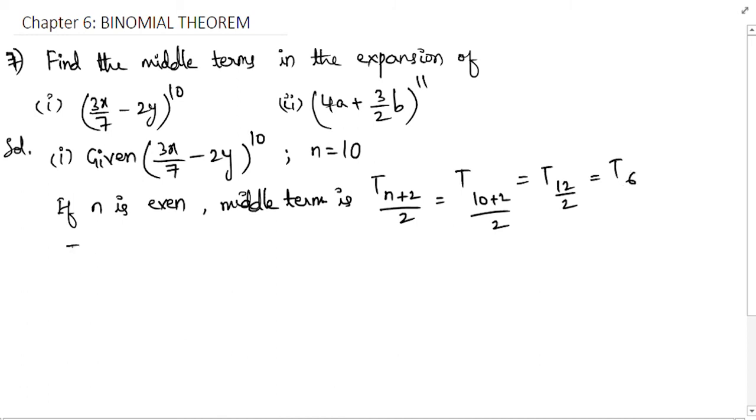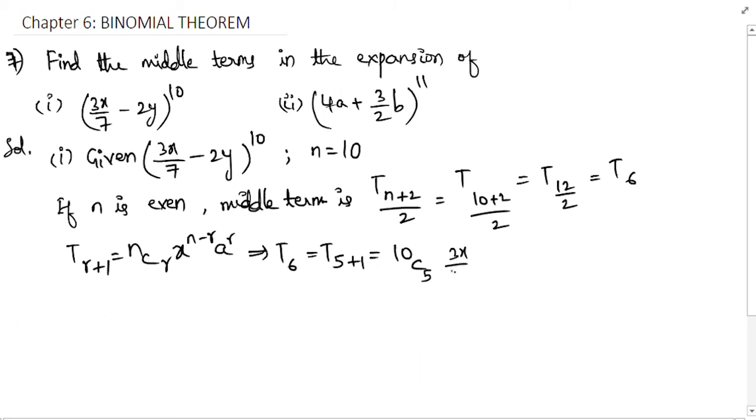So T(r+1) is equal to nCr x^(n−r) a^r. That implies our T6 here is equal to T(5+1). So that is equal to 10C5 (3x/7)^(10−5) into (−2y)^5.